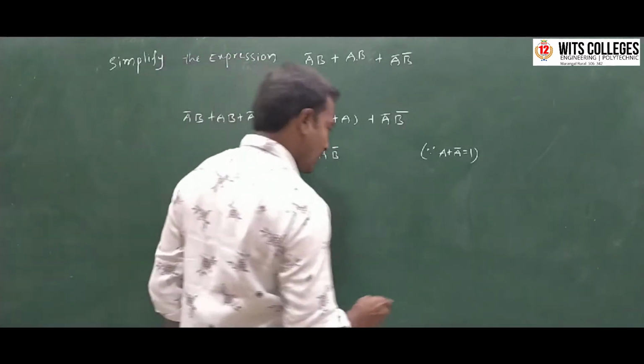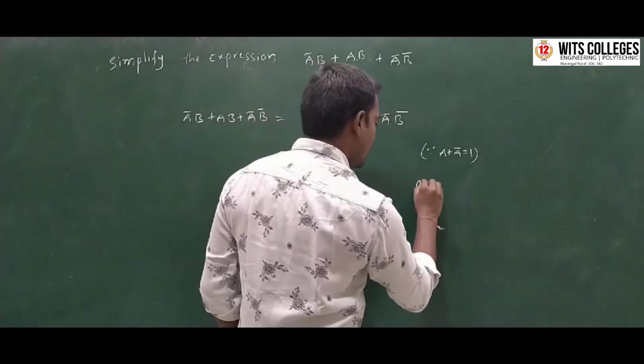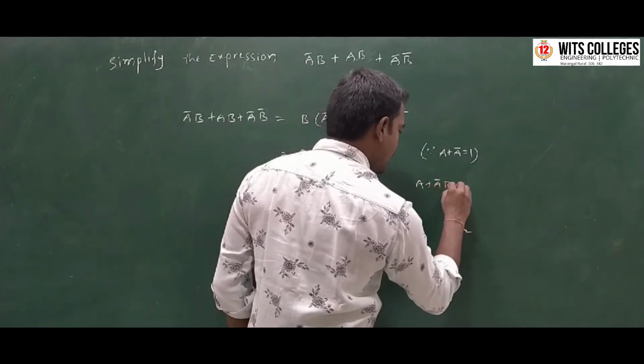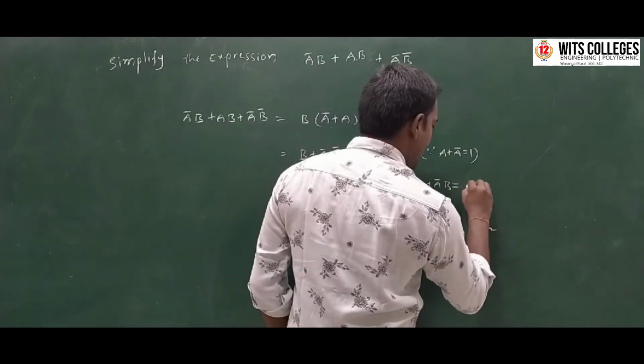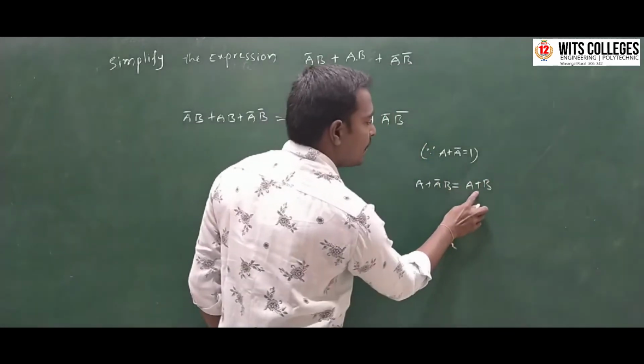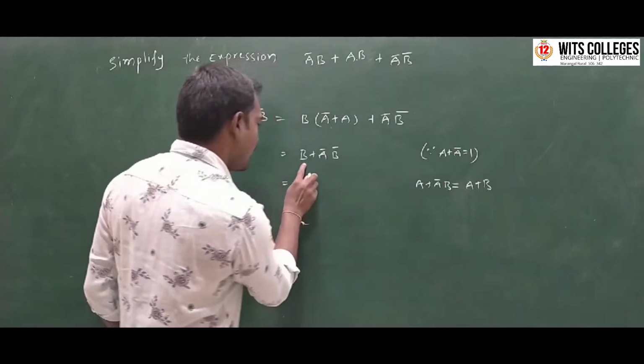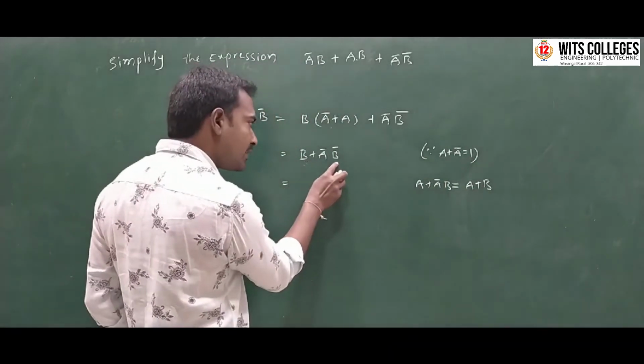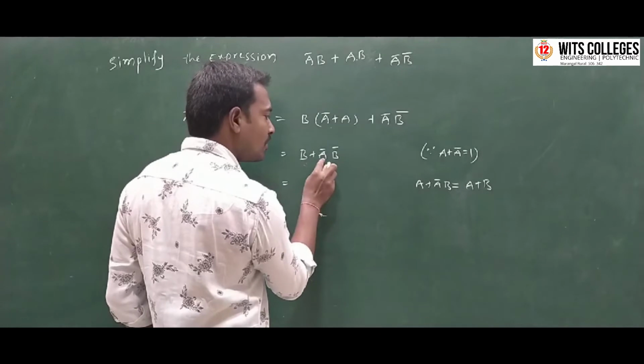Another formula we have is that A + ĀB can be written as A + B. So A + ĀB is equal to A + B. Here A is equal to B, Ā is equal to B̄, and B is equal to Ā.